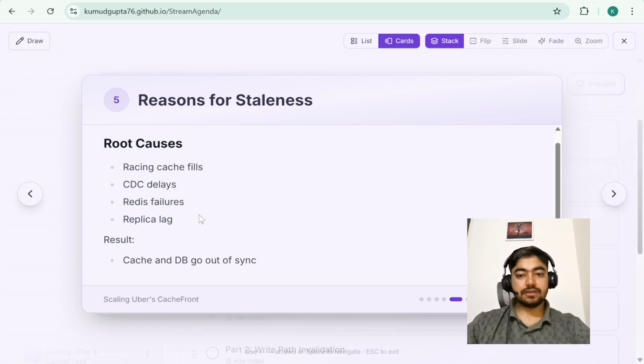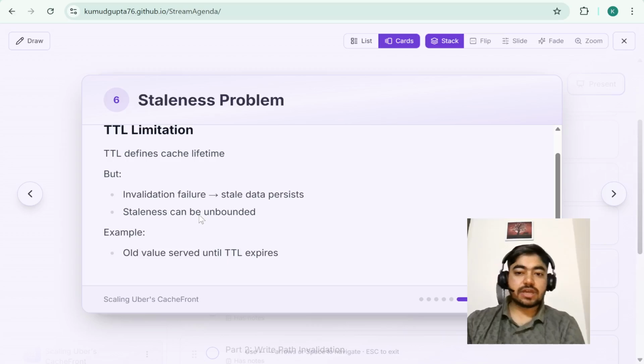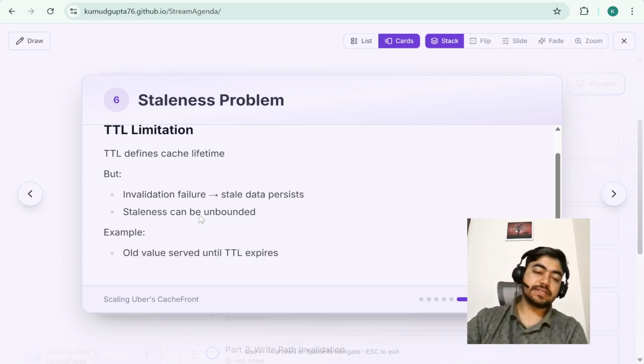Now you might think TTL can solve this, but it doesn't fully. TTL only limits how long data stays, but it doesn't guarantee freshness. If invalidation fails, data can still stay for the entire TTL duration, and in the worst case, very old data keeps getting served again and again.